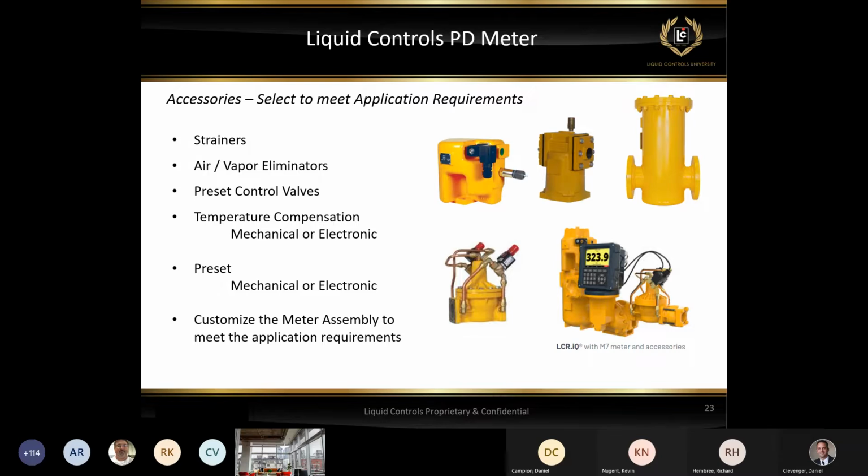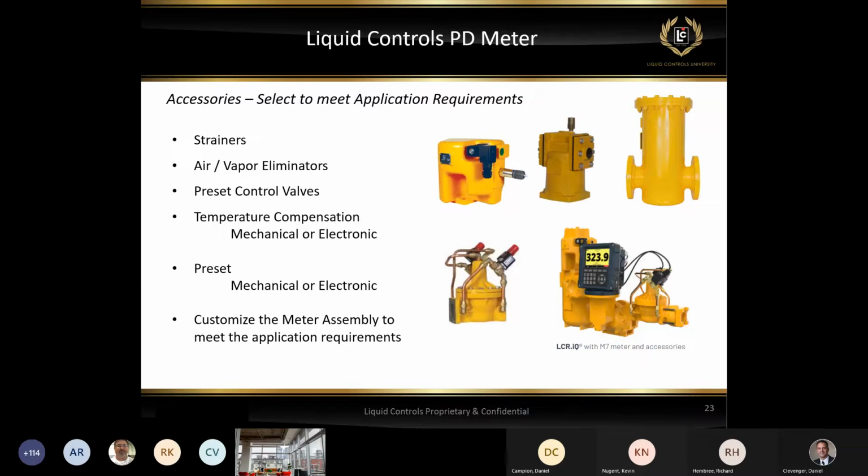That's roughly the thickness of your human hair. So we want to be able to protect the meter from foreign particles, and it doesn't matter if someone says we flushed this line out so many times, we should be good. There is always something that gets caught in an elbow, in a crevice, or some welding slag that breaks off at a later time. So always put a strainer prior to the meter.